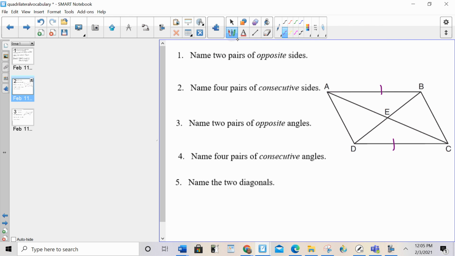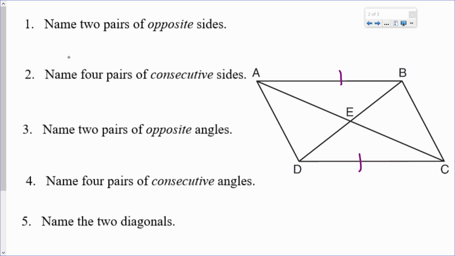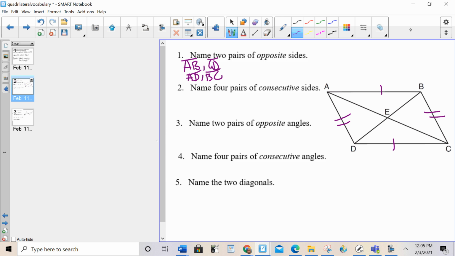Let's just say AB and CD. And then another pair of opposite sides would be AD and BC. Both of those pairs are opposite sides because they are sides that are opposite from each other. They do not touch.